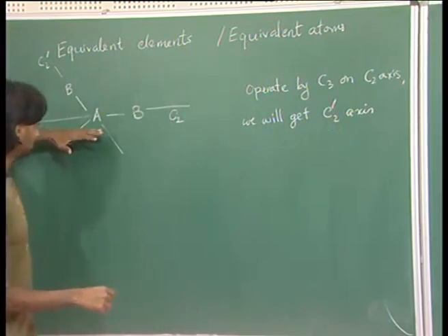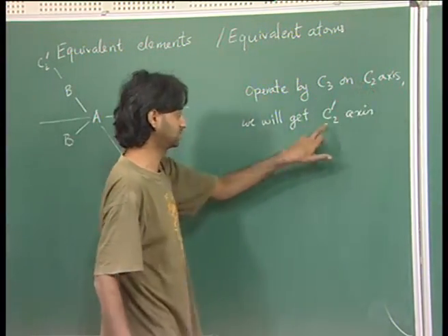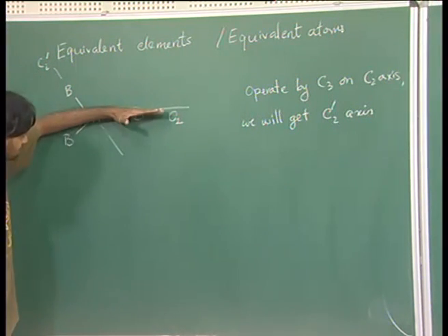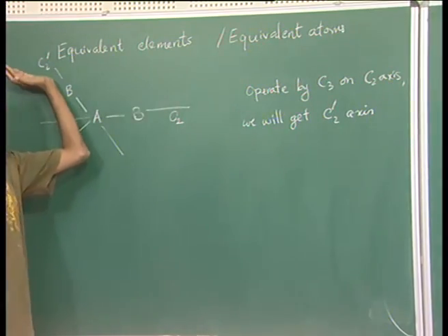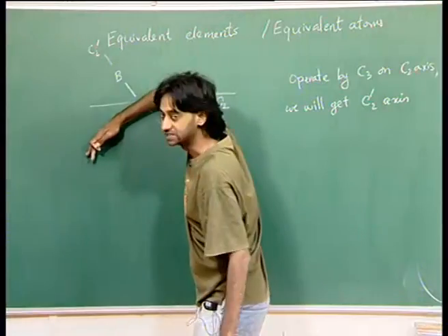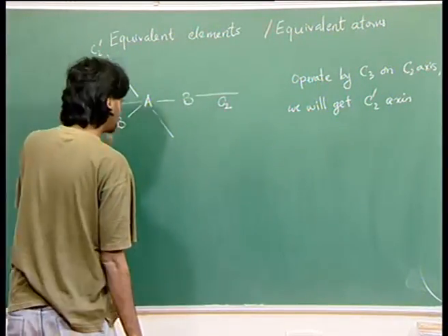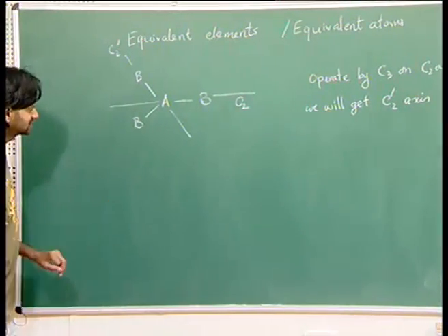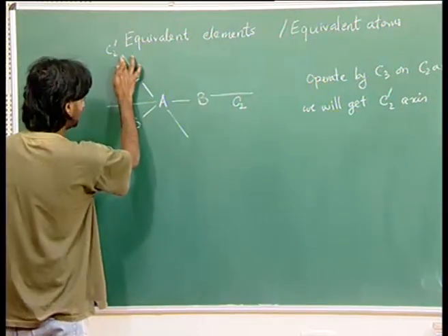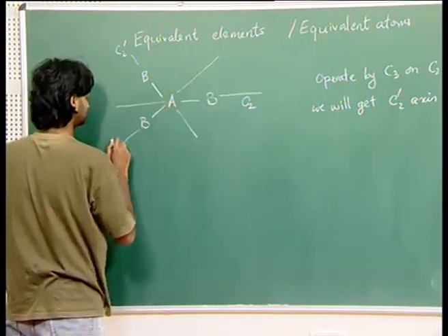Now, notice I am not saying that C3 times C2 is equal to C2 prime. I am just saying that if I take this axis and I rotate it by 120 degrees, I will get this axis. Similarly, if I rotate it again by 120 degrees, I will get this axis. So whenever you can do something like this, we say that these, C2 and C2 prime and C2 double prime, are related.